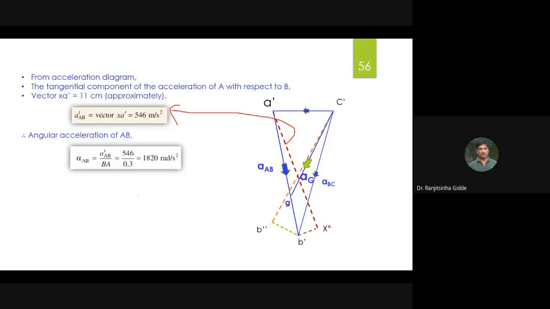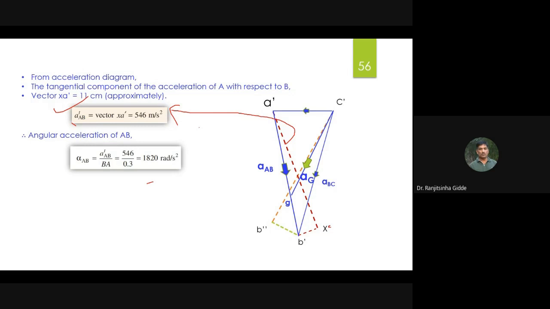Then you can write this tangential component, ATAB is equal to vector x A prime is equal to, with the scale, 546 meter per second square.